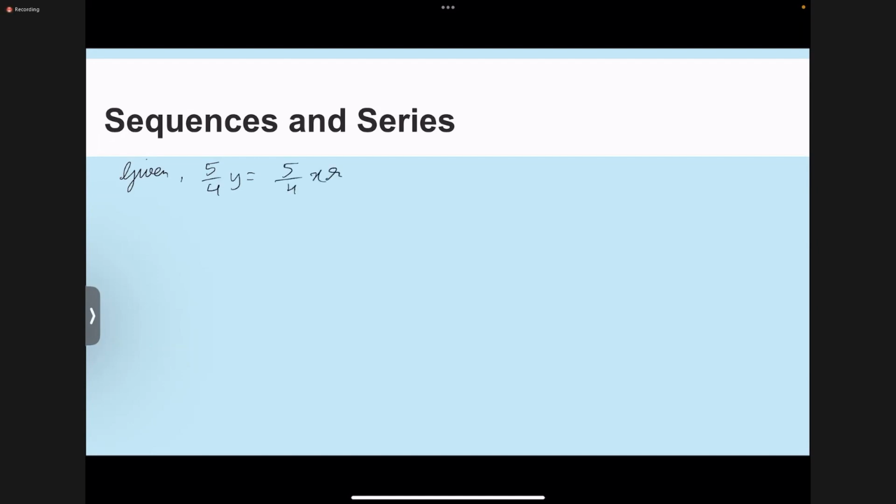Now we can see that the common difference d between x, 5 by 4 xr and xr squared are now an arithmetic progression.